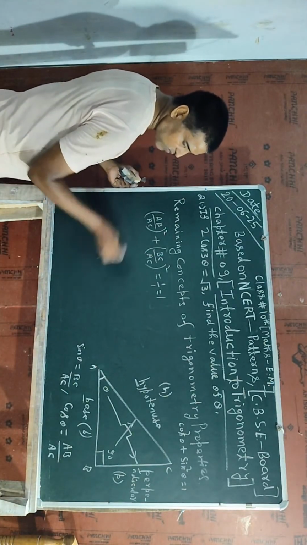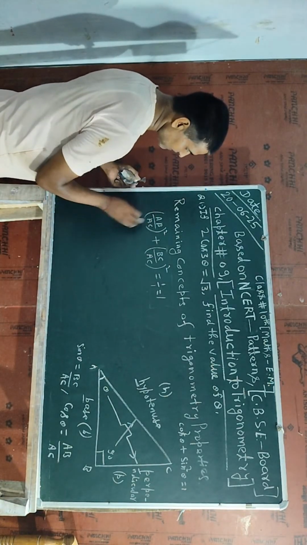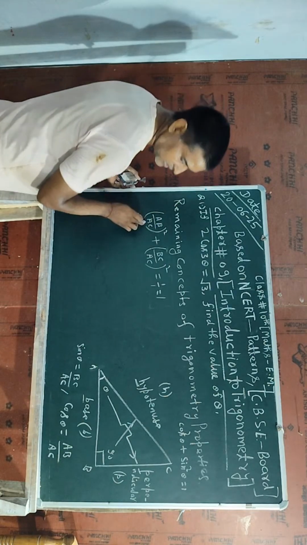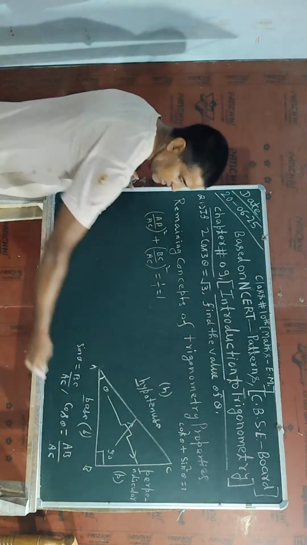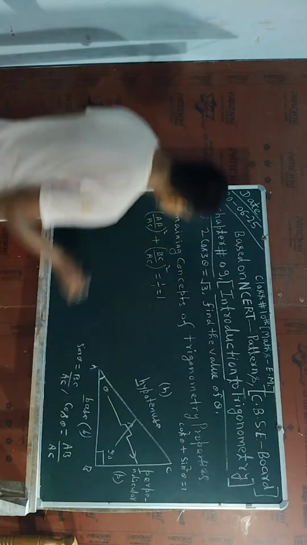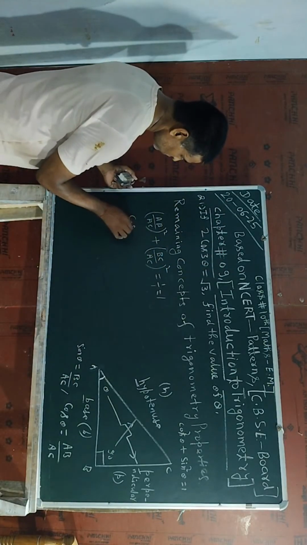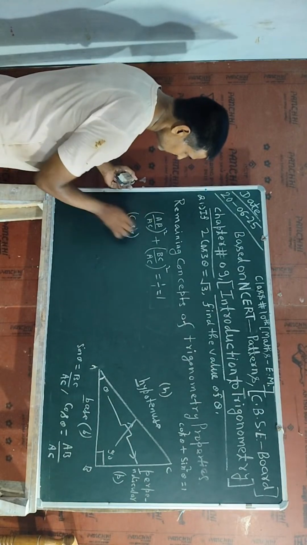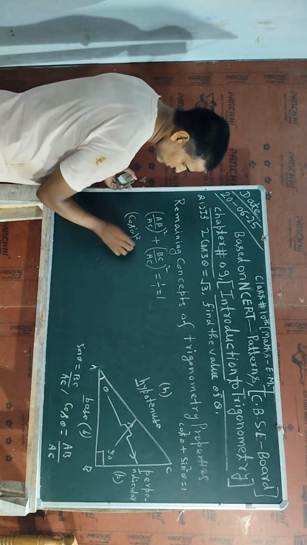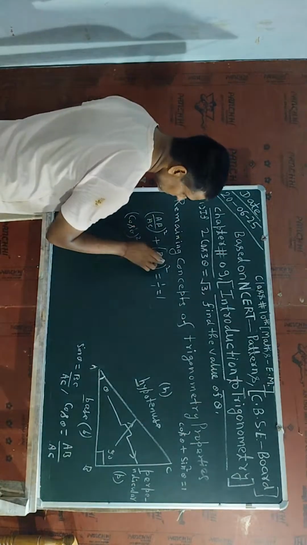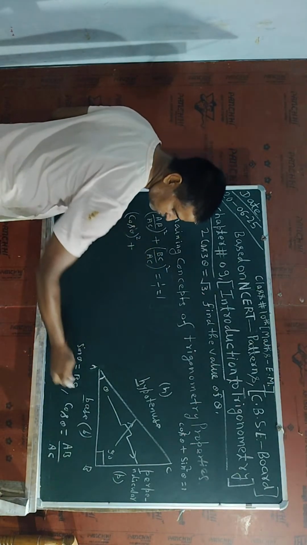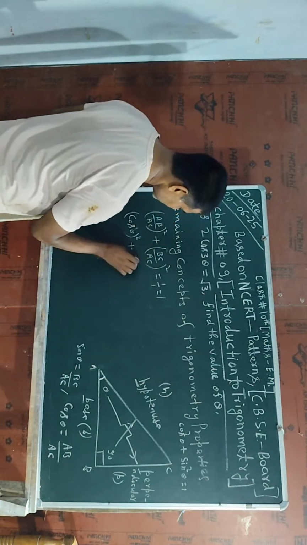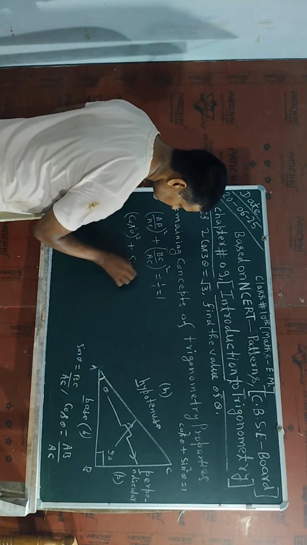So after substituting, I will write AB divided by AC, it means that cos theta. Here square is available, so here I will square. And here BC by AC, that is sin theta. So here I will put sin theta.